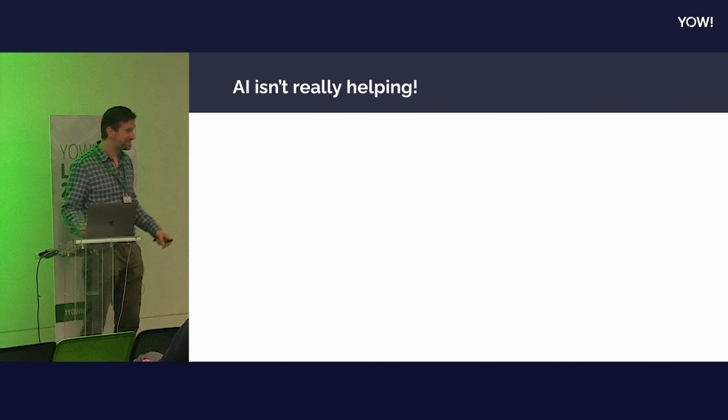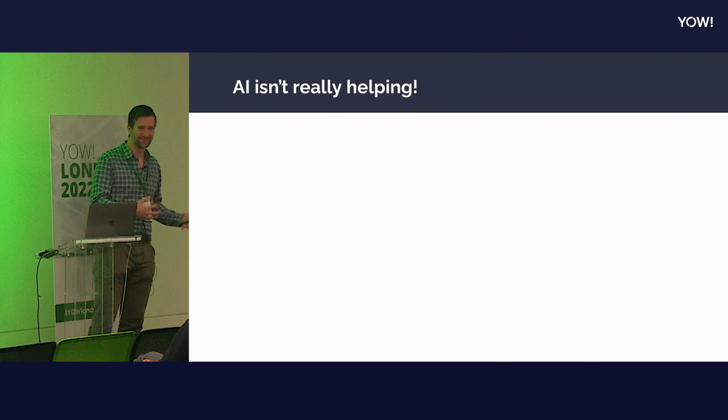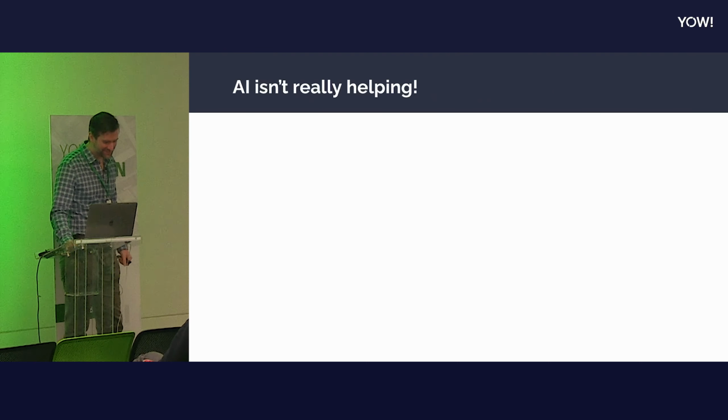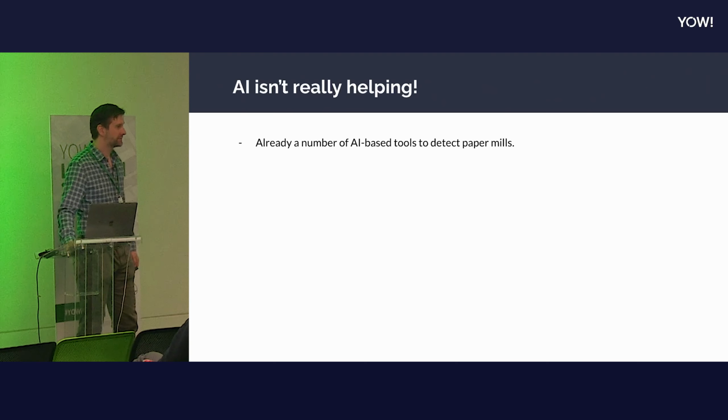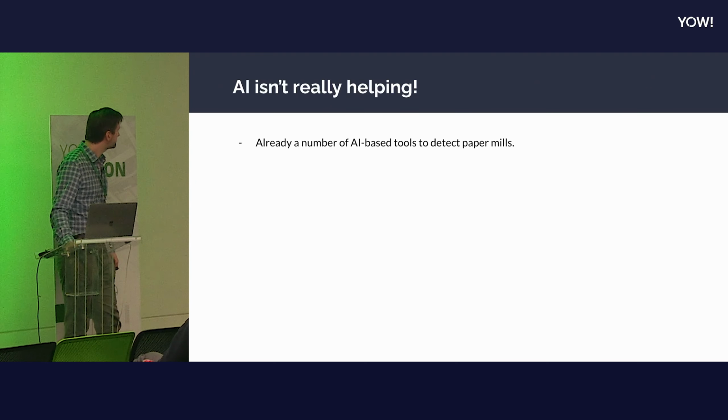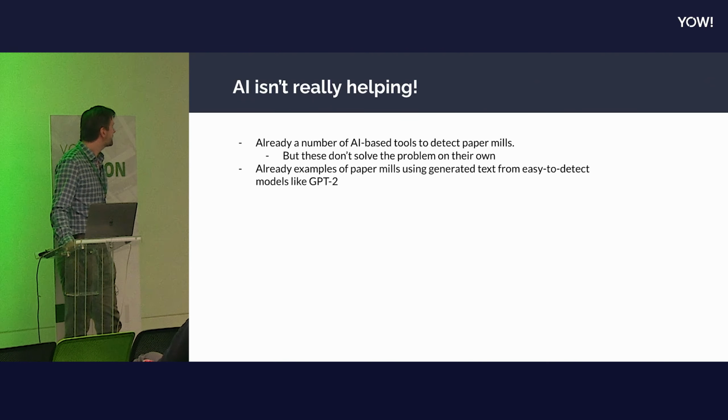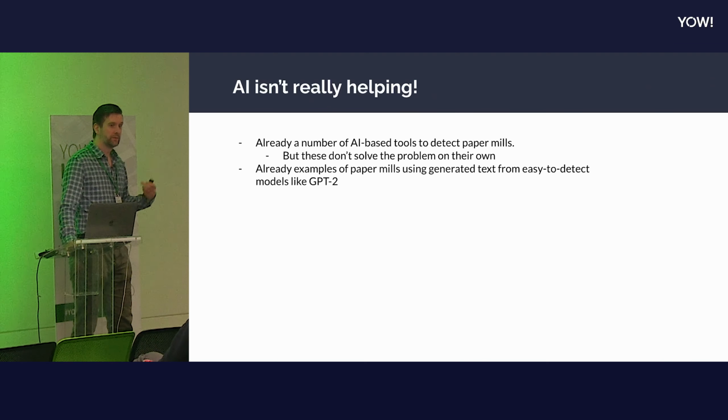So you might think, okay, well, maybe we can find some AI method to detect all of these. AI generally isn't really helping. There are some AI-based tools to detect paper mills already. I've made some of them myself, and they don't solve the problem on their own, but they do help a little bit. But there's already a huge number of examples of cases where papers were written with the help of GPT-2, and these were detectable, in very large numbers of papers.